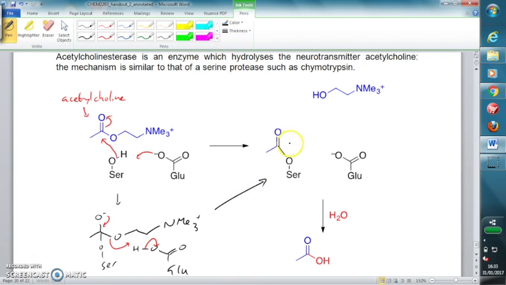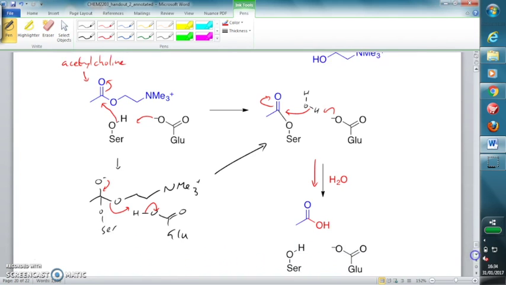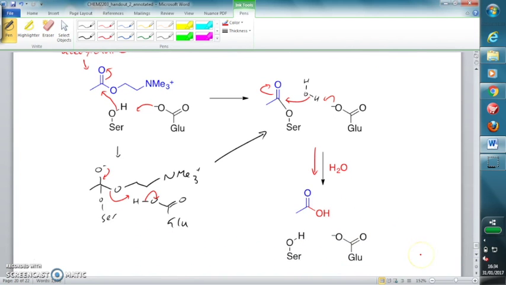And we end up with an acetyl enzyme intermediate. We release the choline, and then this gets hydrolyzed by a molecule of water. Okay, so obviously the tetrahedral intermediate then collapses and regenerates the enzyme, and we get acetic acid out.